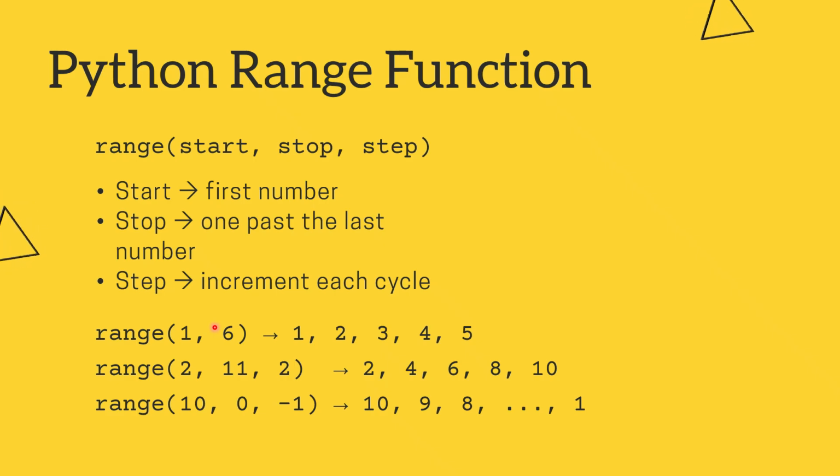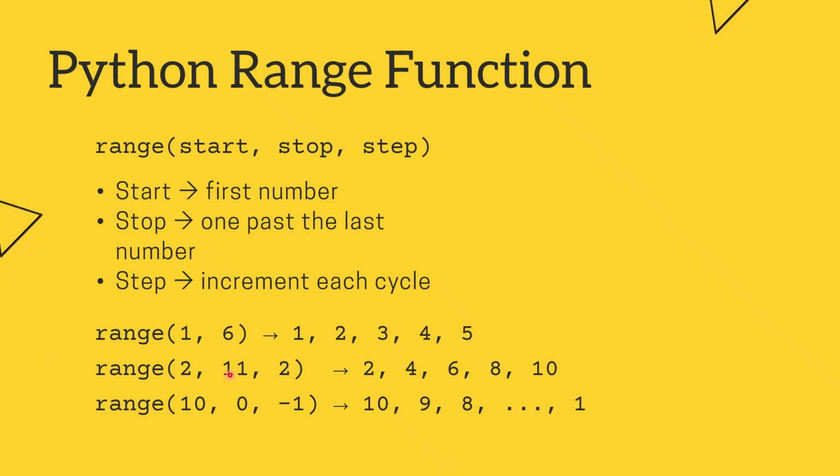In other words, it's just going to count one number at a time. That's why I didn't have to include it here, because I want to go 1, 2, 3, 4, 5. But if you do include the step, then you can change how the loop moves.